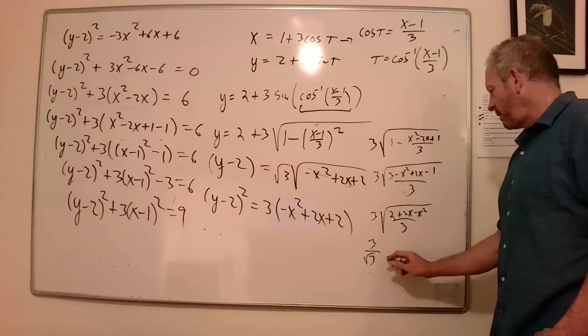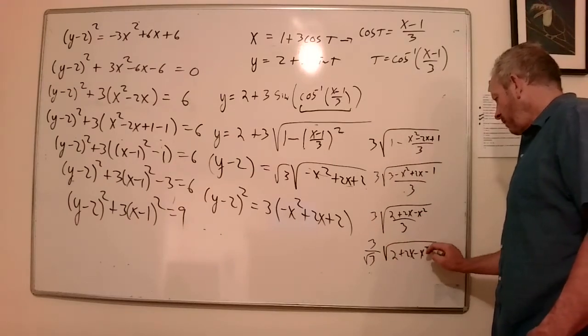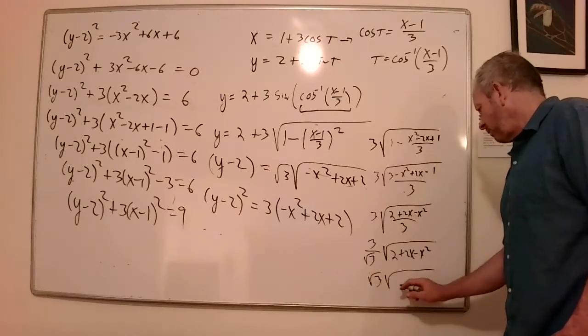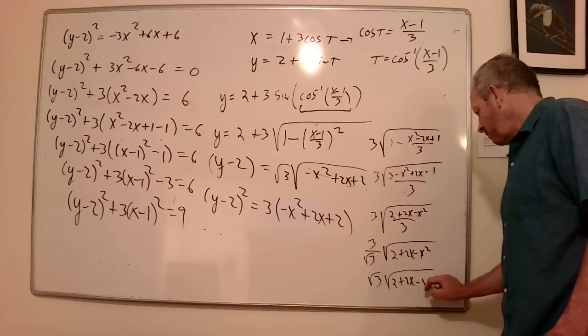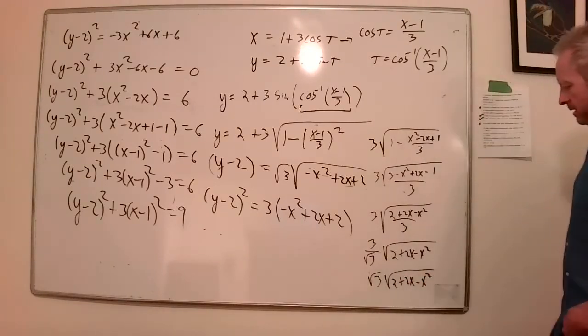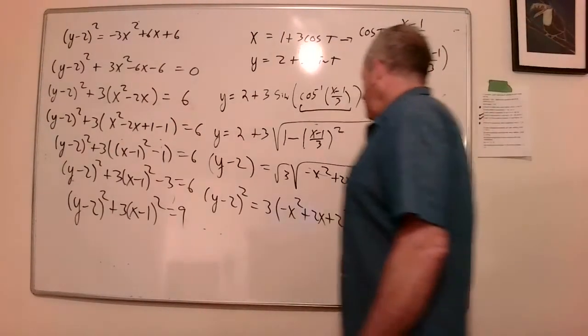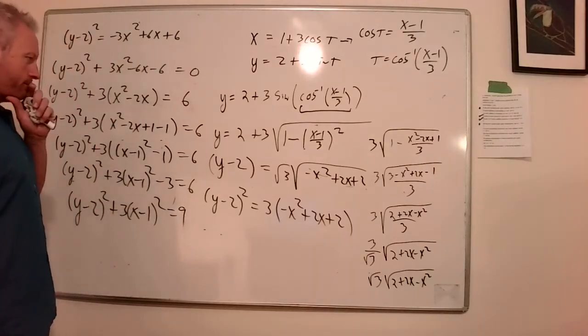If I factor the 3 out, times the square root of 2 plus 2x minus x squared. And that's root 3 times the square root of 2 plus 2x minus x squared. Funny, that looks kind of factorable, but is that what I had?